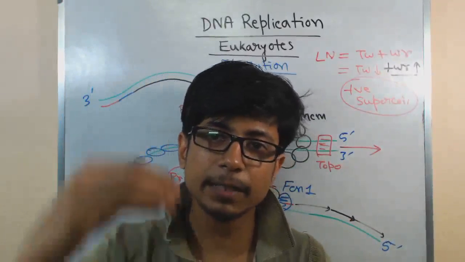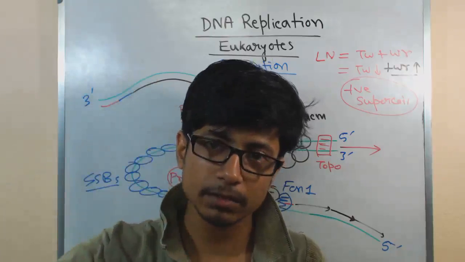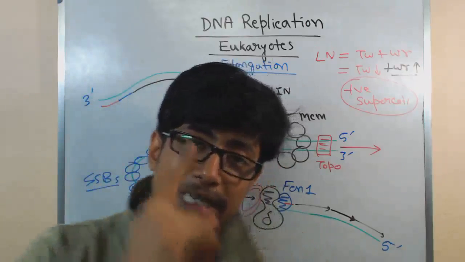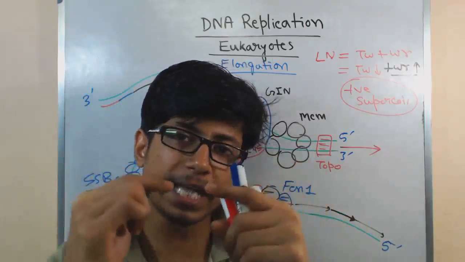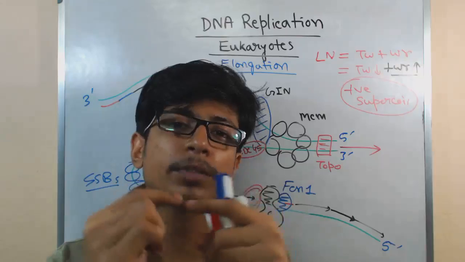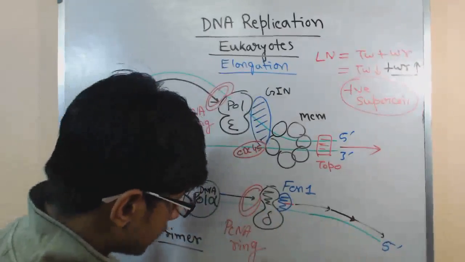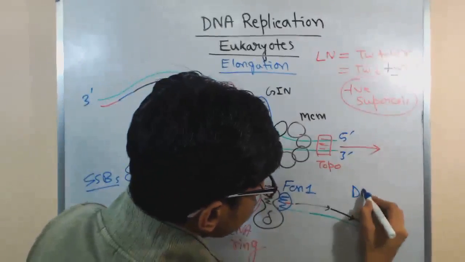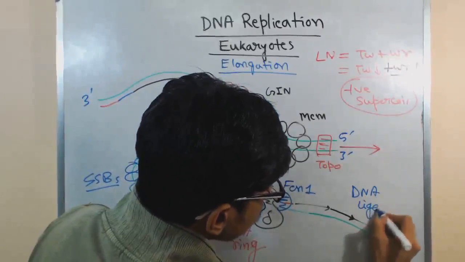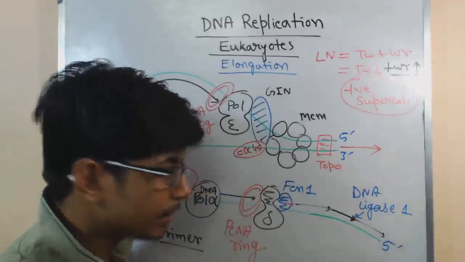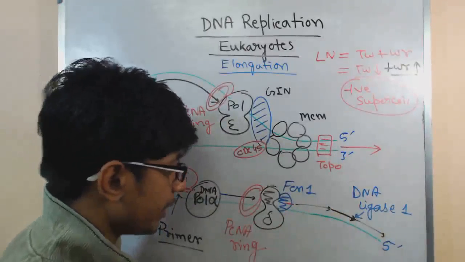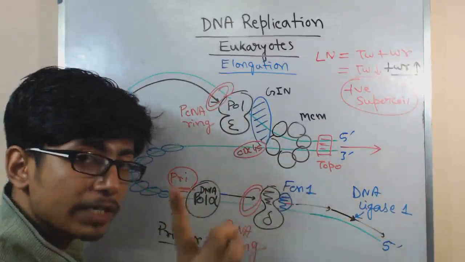Gap means definitely there is a place for a nucleotide to be placed, but nick means there is no nucleotide left to be attached there, everything is added, only the phosphodiester bond is broken. So the phosphodiester bond is joined by DNA ligase 1 to seal that nick, called nick sealing. Okay, so these are the sequential events, remember.